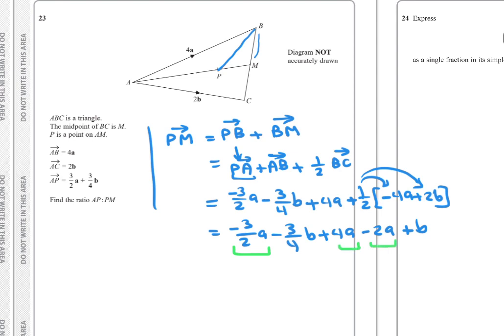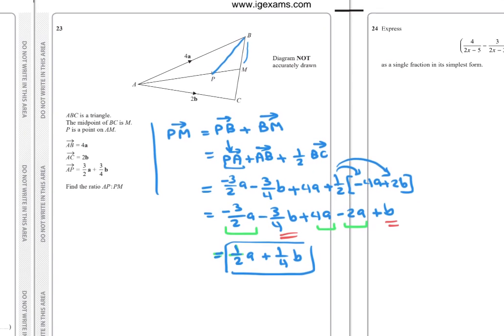Combine them. So negative 3 over 2 plus 4 minus 2 equals 1 over 2A. Now for B, we have negative 3 over 4B and 1B, so plus 1 over 4B.